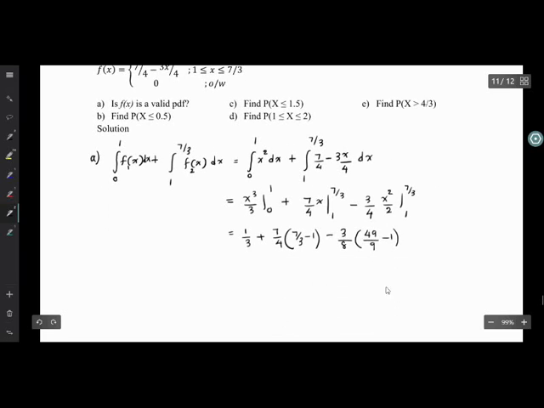So you have to do this calculation, simplify it and see if you can get the total probability 1. Let's try it. Okay, what do we have here?